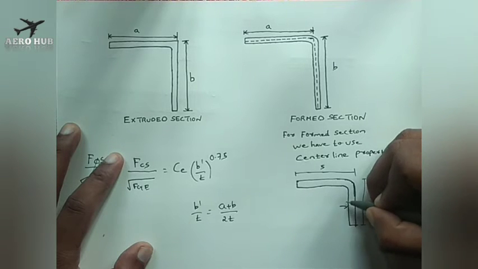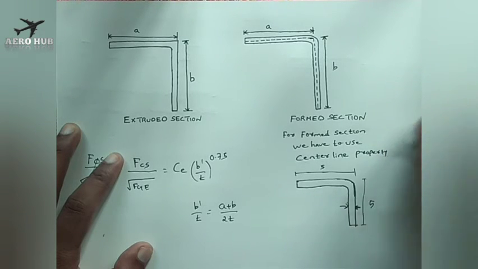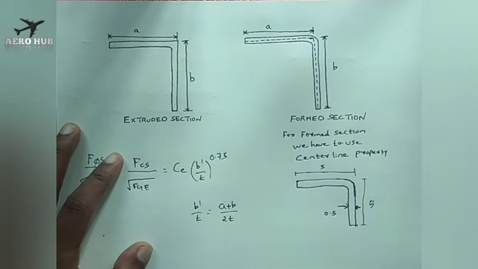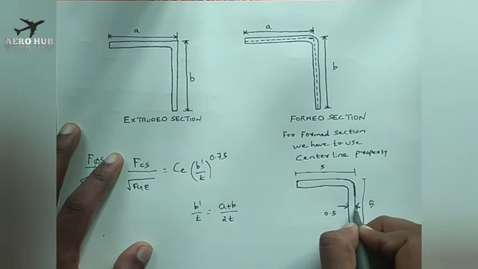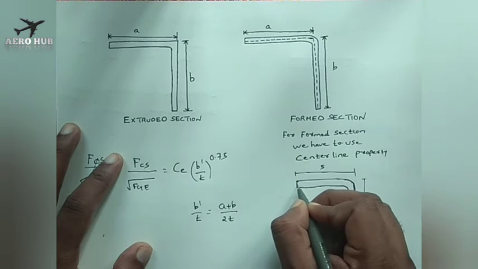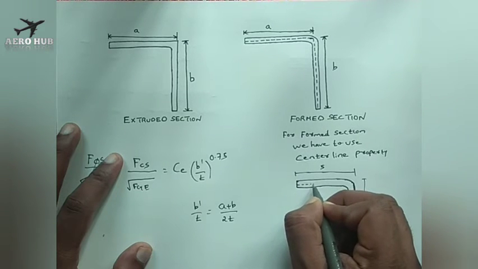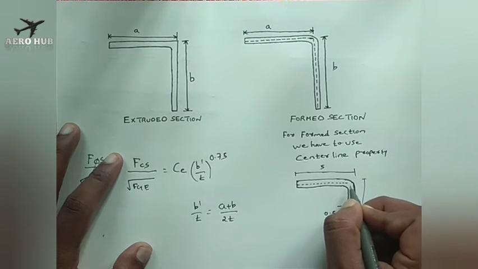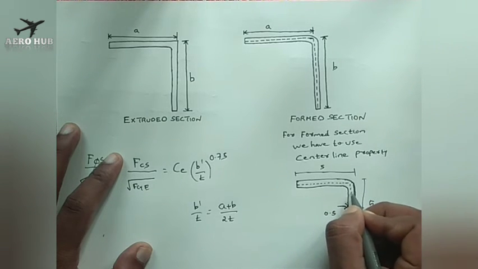Okay, and the thickness I'll write as 0.5. Okay, the thickness is 0.5 here, for the entire beam or entire section. So we have to take care of center line property. So this is your A dimension and this one is B.